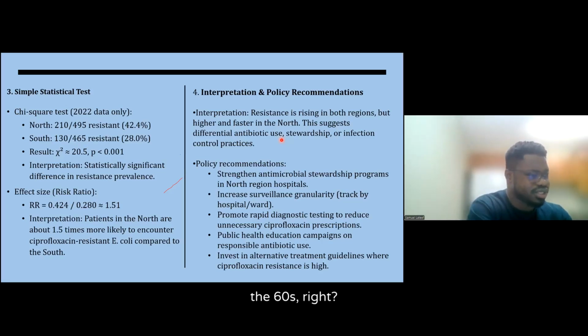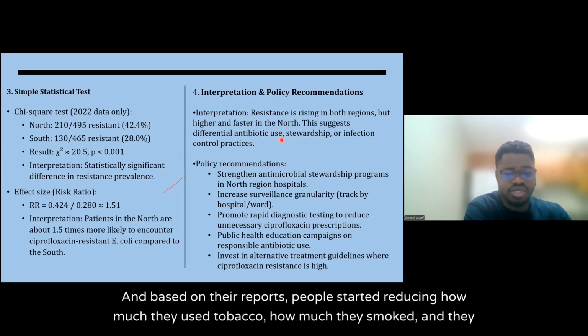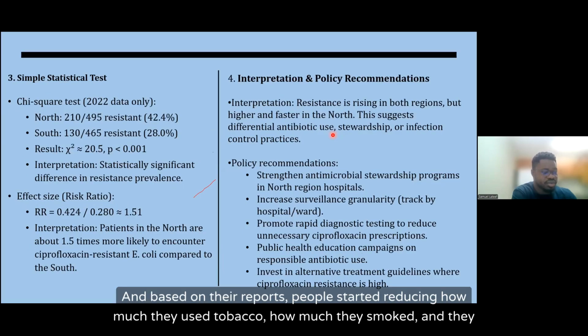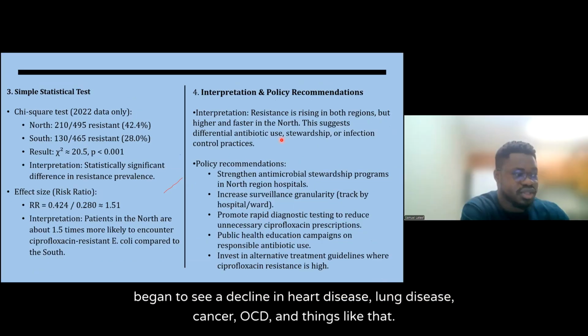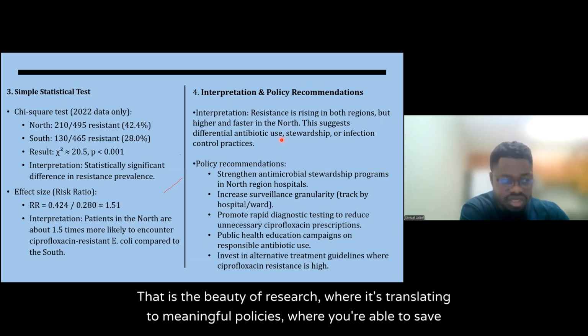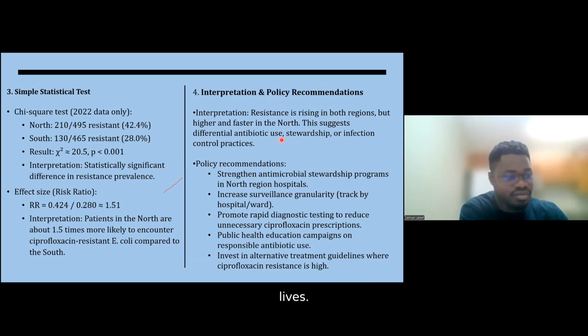Based on their reports, people started reducing how much they used tobacco, how much they smoked, and they began to see a decline in heart disease, lung disease, cancer, COPD, and things like that. That is the beauty of research, where it translates into meaningful policies, where you're able to save lives, millions at a time.